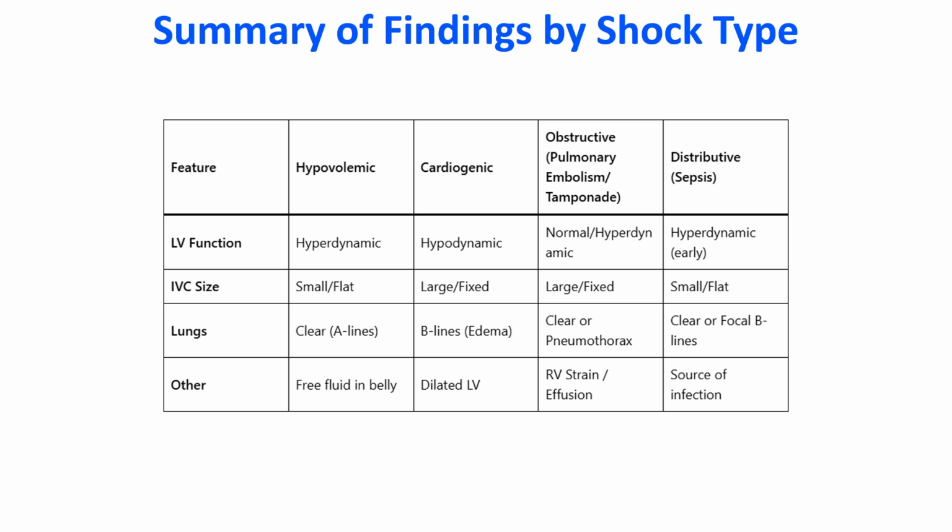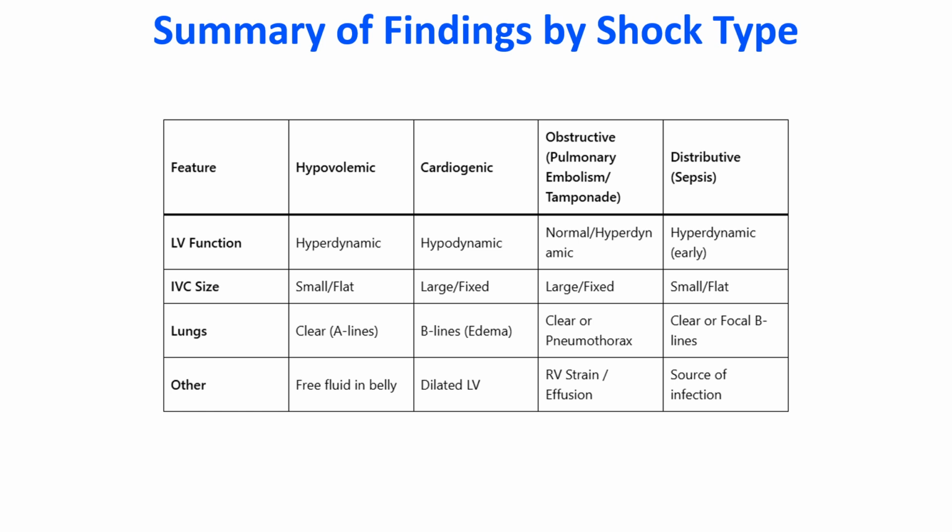In the lungs, clear A lines are seen in hypovolemic, B lines in pulmonary edema of cardiogenic shock, clear or pneumothorax in specific types of obstructive shock, clear or focal B lines in sepsis.